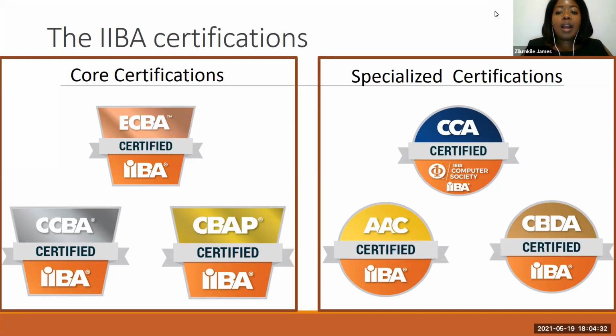On the specialized certification side, we have the CCA, which focuses more on cybersecurity analysis, the AAC, which is the Agile Analysis Certification, and then we have the certification in business data analytics. So to continue, we will focus on the core certifications.